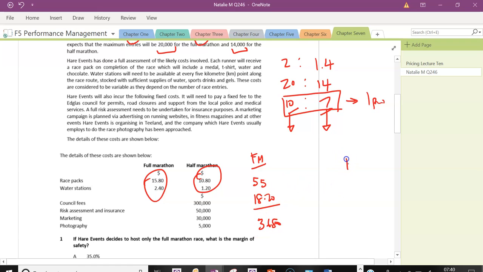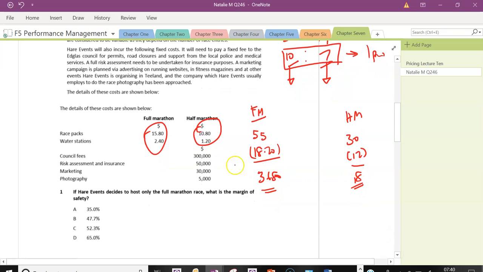That was your full marathon, and your half marathon had a contribution of 18. So this is what we have, we know what the individual contributions are.